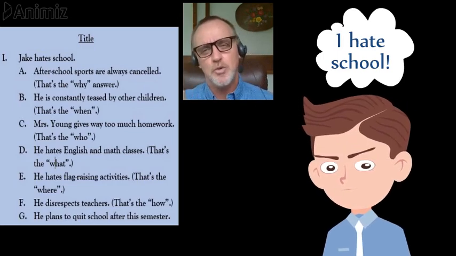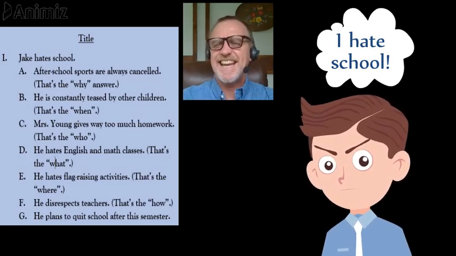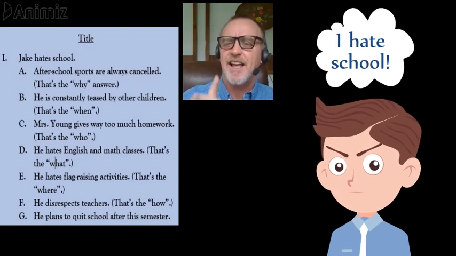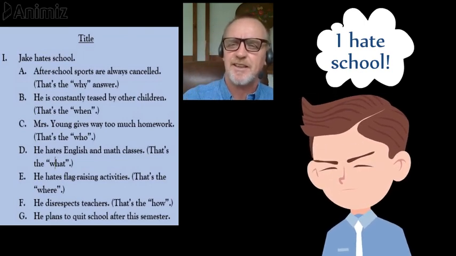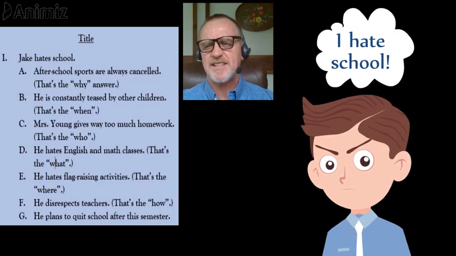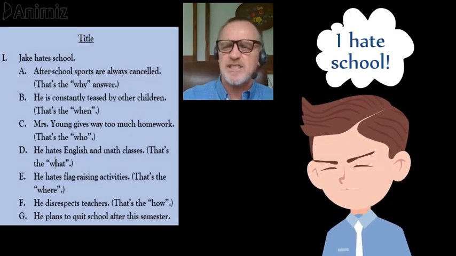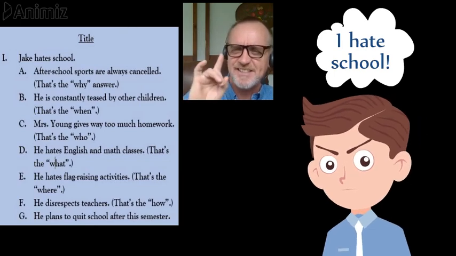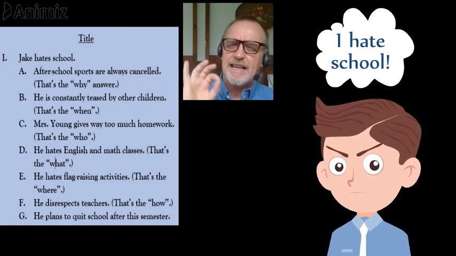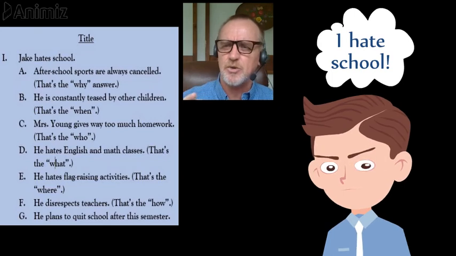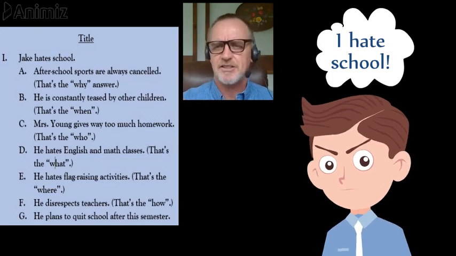That's the who. He hates English and math class. That's the what. He hates flag raising activities. That's the where. He disrespects teachers. That's the how. He plans to quit school after this semester.